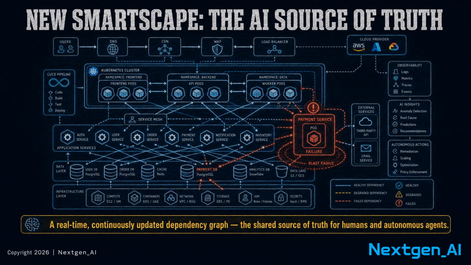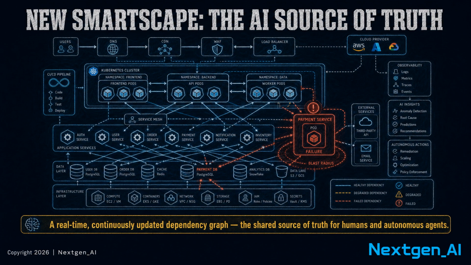This is not a static architectural blueprint that becomes stale the moment it is drawn. It is a continuously updated, living dependency graph that reflects real-time state and causal relationships across your entire digital estate.